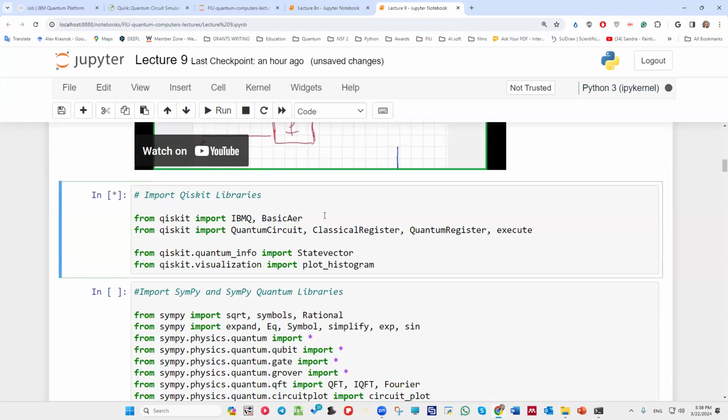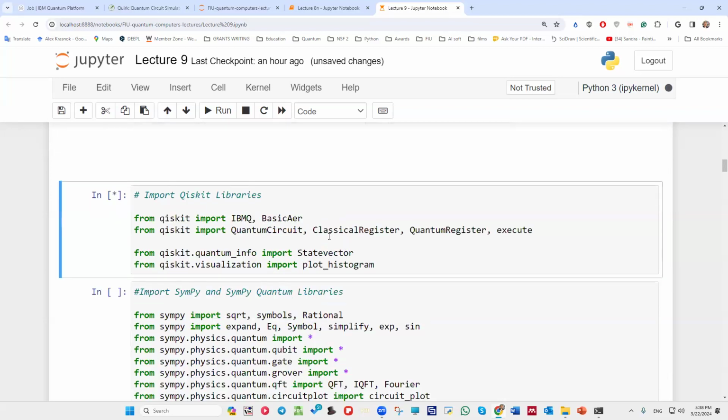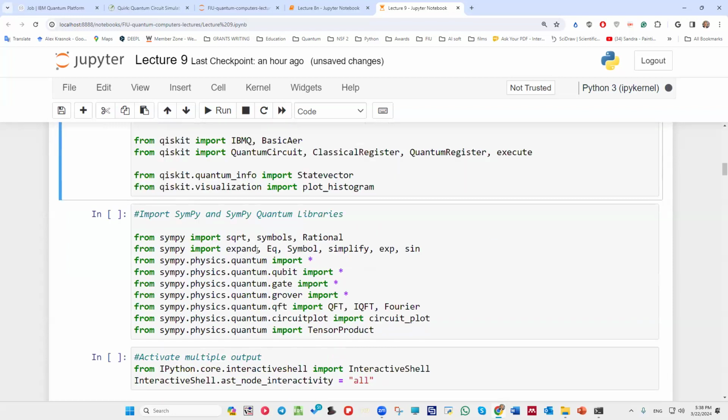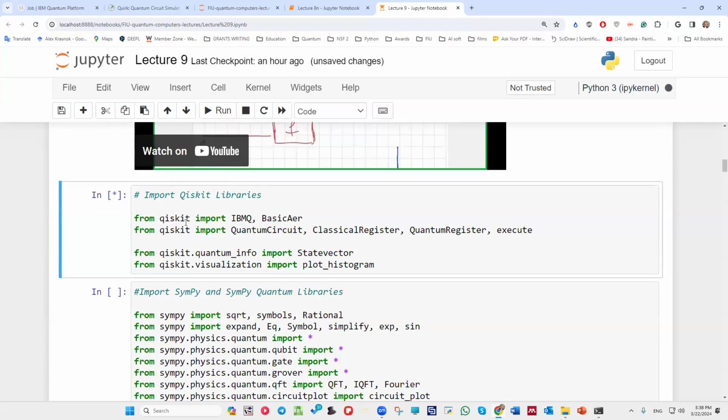So as usual, first I import the libraries, namely the Qiskit libraries we're going to use today. Okay, I hope it works.